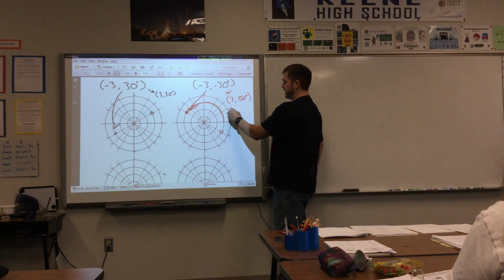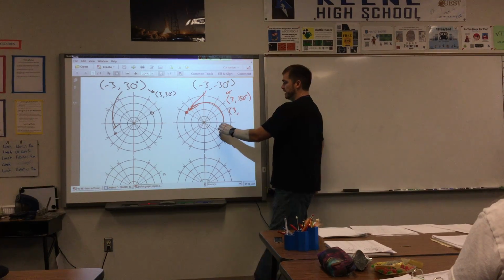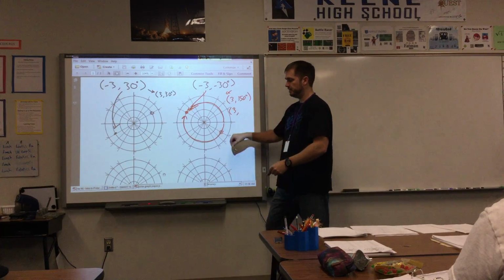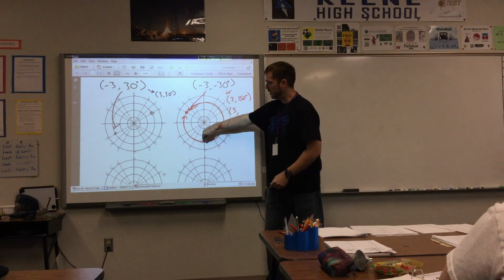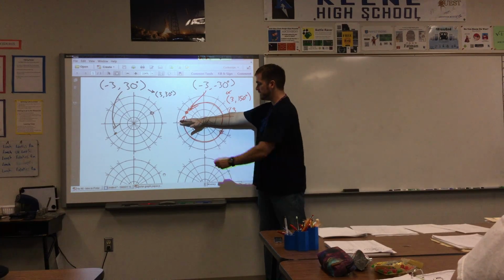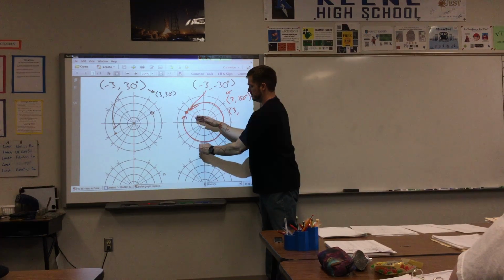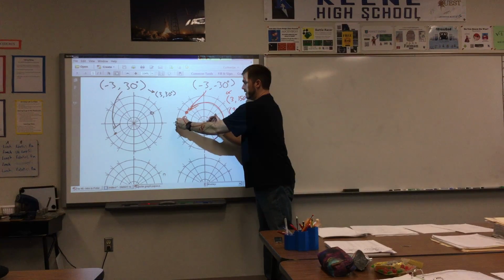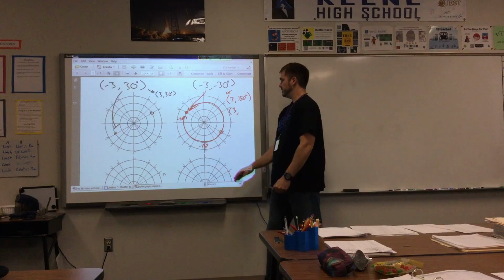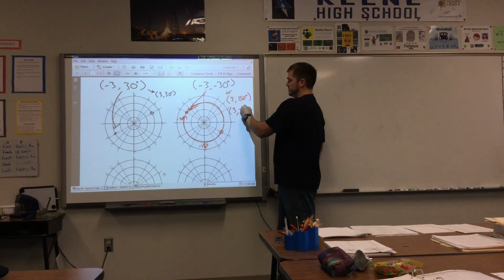Also, what if I had 3 and I could go all the way around this way? Negative, right? So all the way here to the negative x-axis, that'd be negative 180. And then I would tack on another negative 30 onto that, right? So negative 210.